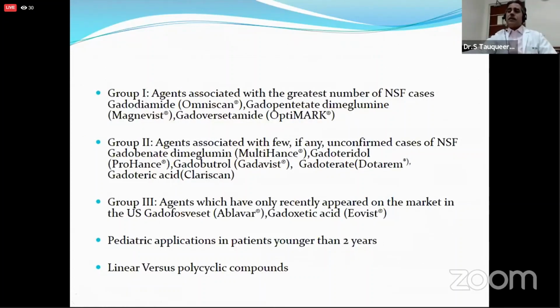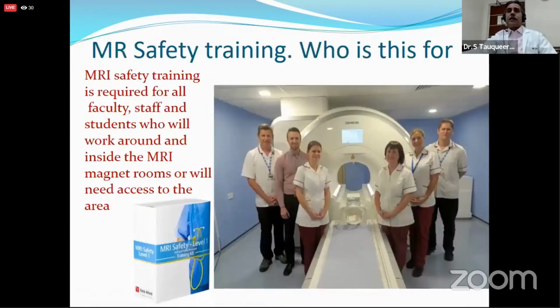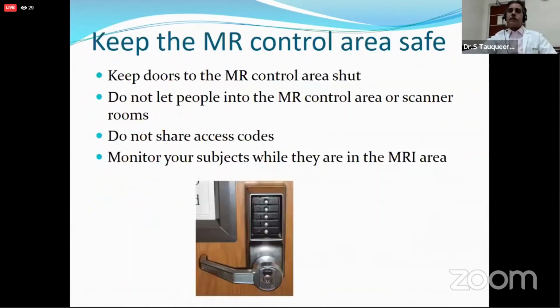MR safety training is for everybody who is within the MRI radiology department or magnet rooms, working in the MRI rooms, whether the technical staff, nurses, or the support staff, the general duty assistants. All should have at least level 1 training so that they can take precautions while moving in and out of the MRI suite.